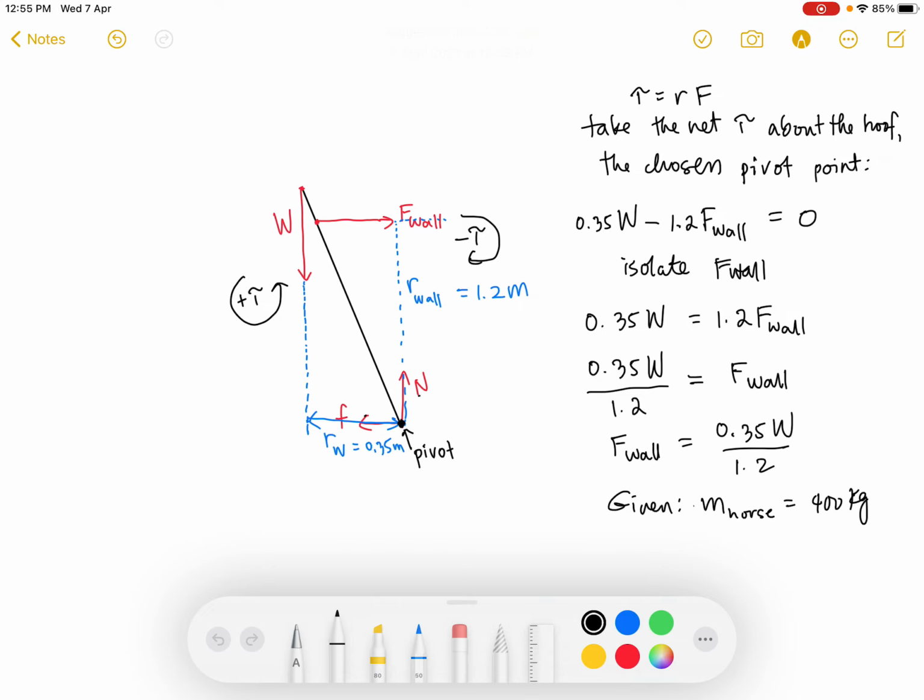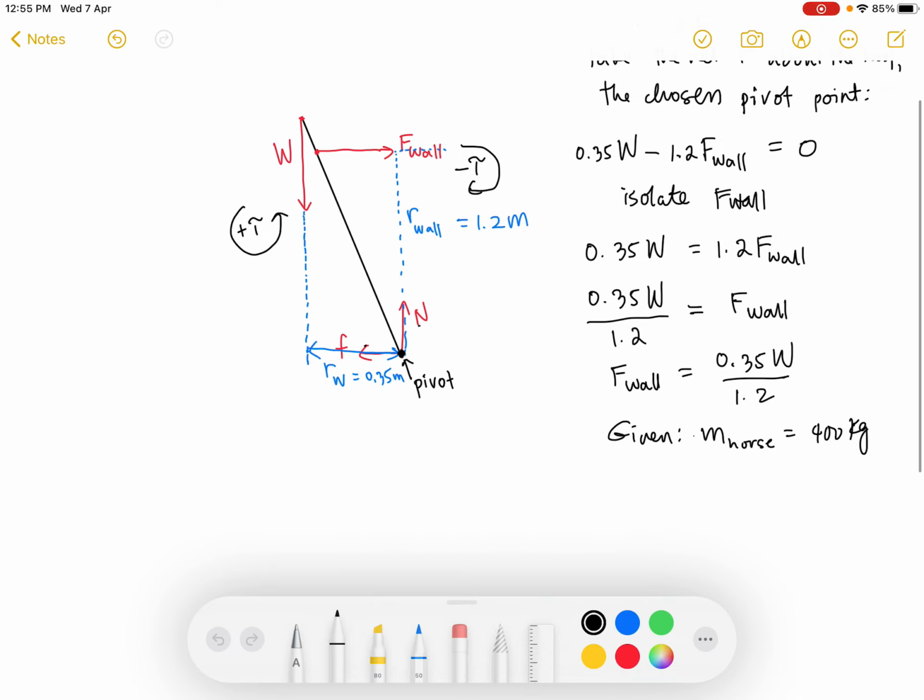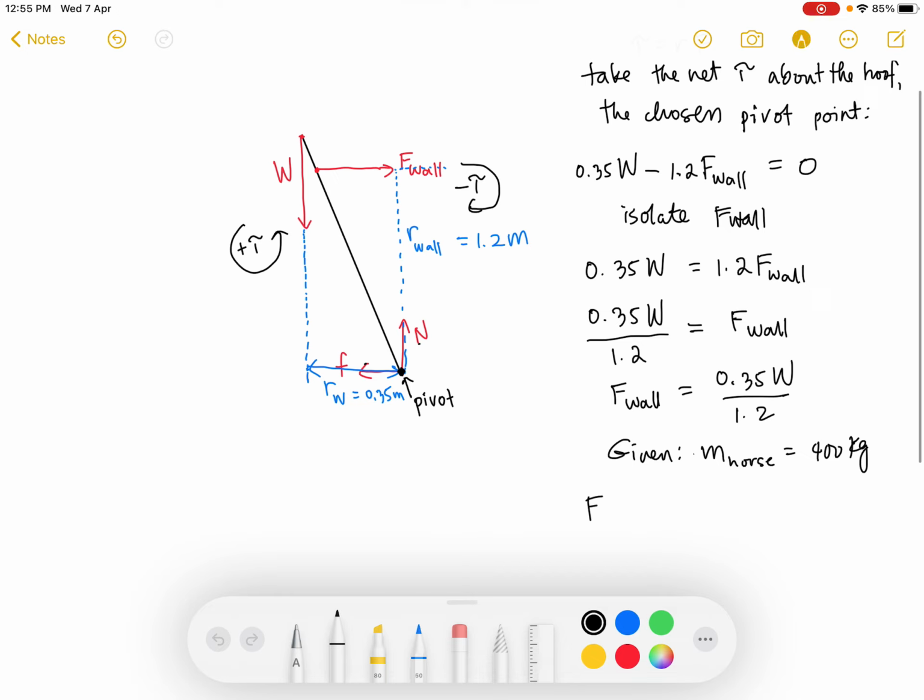So we can now solve for F wall. 0.35, the weight force is mass, 400, times gravitational acceleration, 9.8, divided by 1.2. That will give us an F wall value of 1143 newtons.